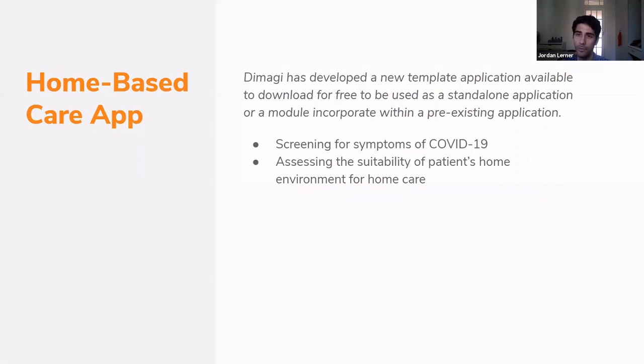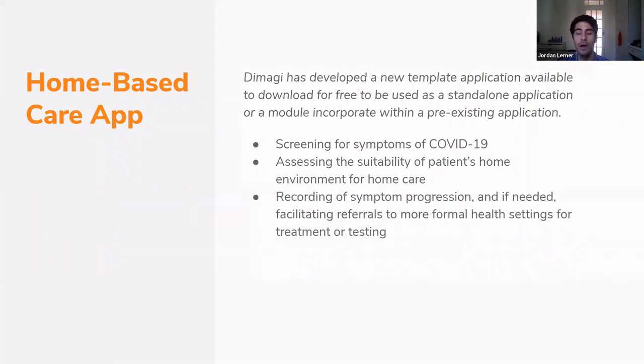It takes into account their home environment, the symptoms that they're experiencing, and any underlying conditions that they might have. And if they are a good candidate for home-based care, the application facilitates follow-up so that the CHW is regularly checking in with that beneficiary and whomever is providing that care at home.